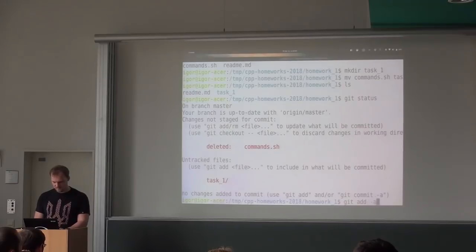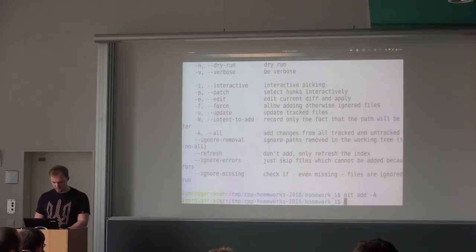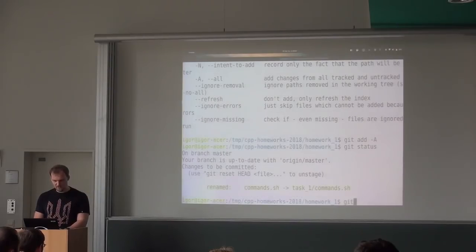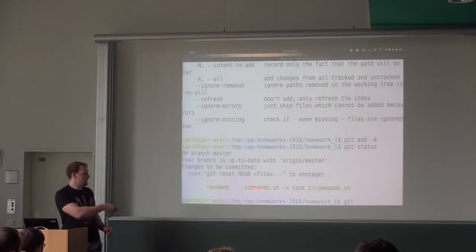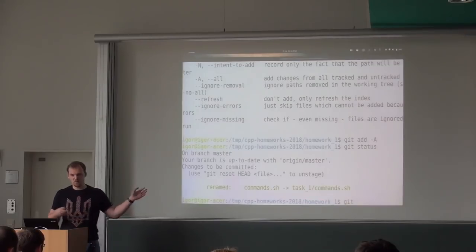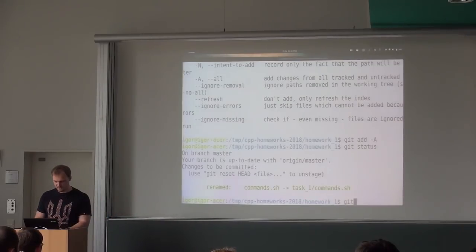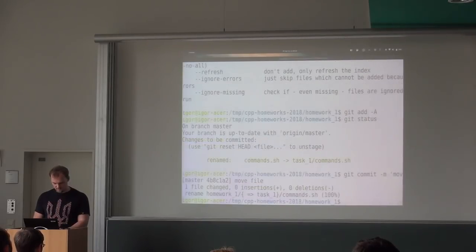Git add -a. It will even show you that you didn't change the file, it just moved it, it knows what happens. So let me just quickly move the file.